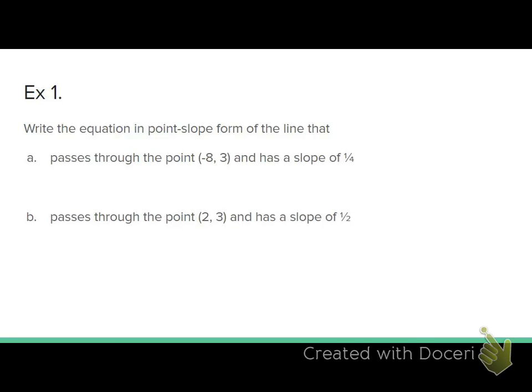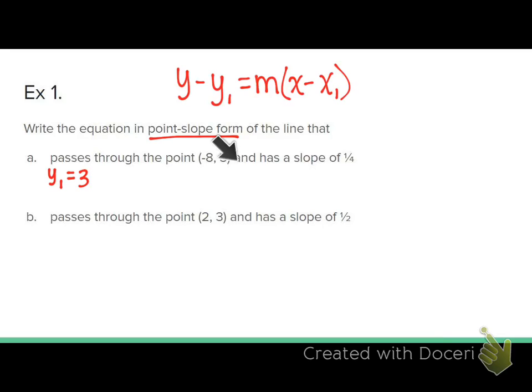So the general form for point slope form is y minus y1 equals m parentheses x minus x1. So in this case, what is my y1? What y value do they give me? 3. They give me a 3 for y. It's in the second position in the coordinate.